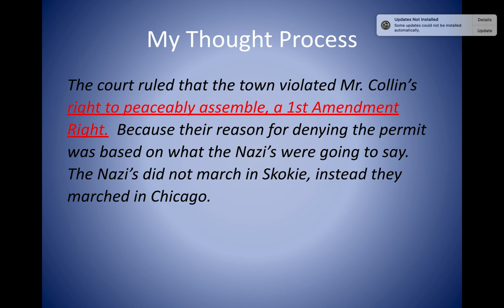So the court ruled that Mr. Collin's right to peacefully assemble was violated, his First Amendment right, because their reason for denying the permit was based on what the Nazis were going to say, okay? The Nazis decided not to march in Skokie. Instead, they marched in Chicago. So that's my thought process. That's how I figured out what amendment it was and whether it's constitutional or unconstitutional.